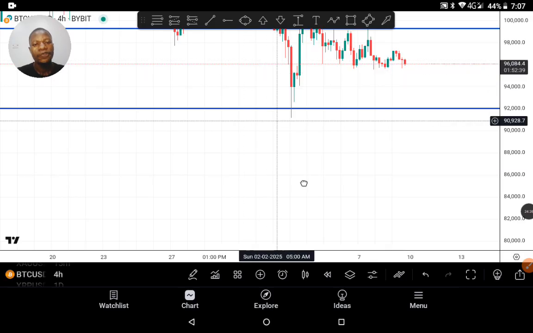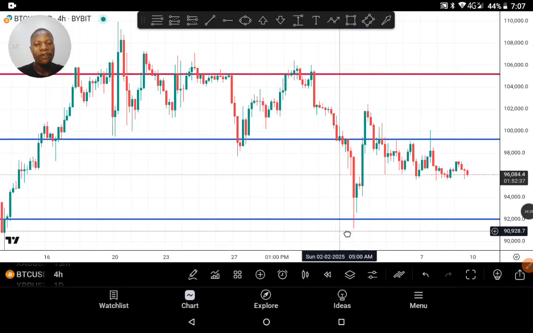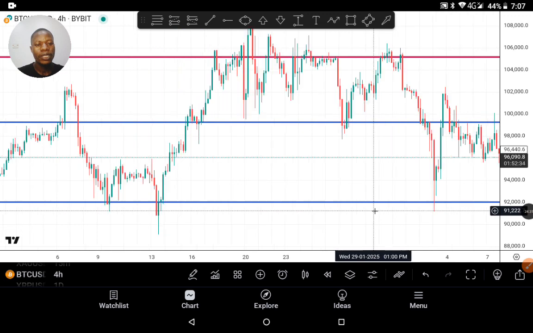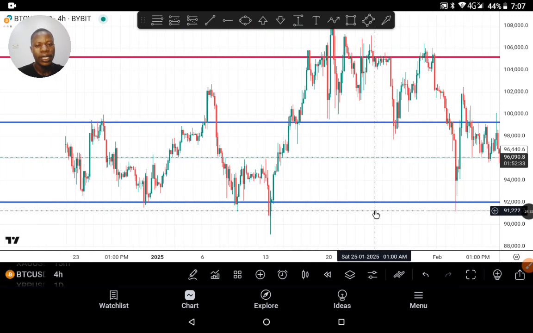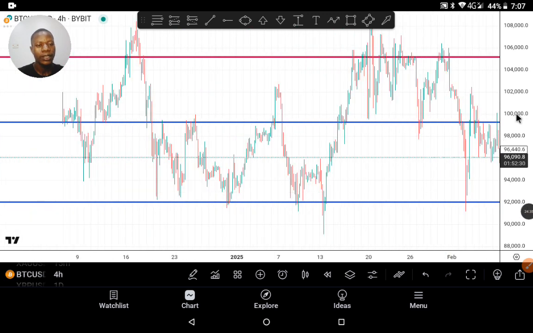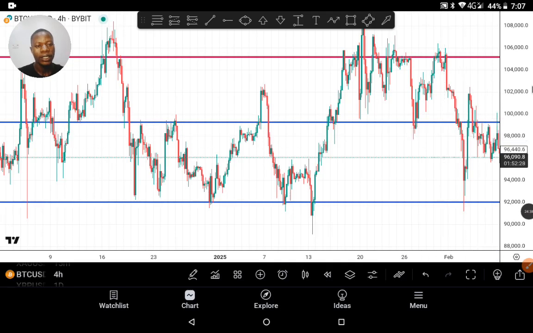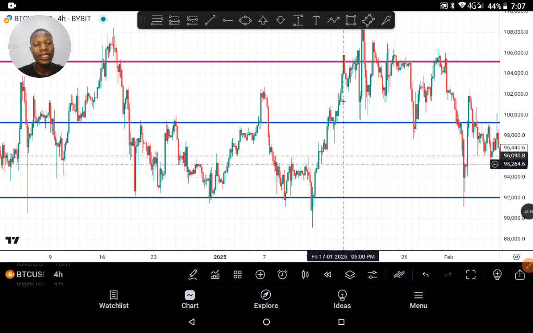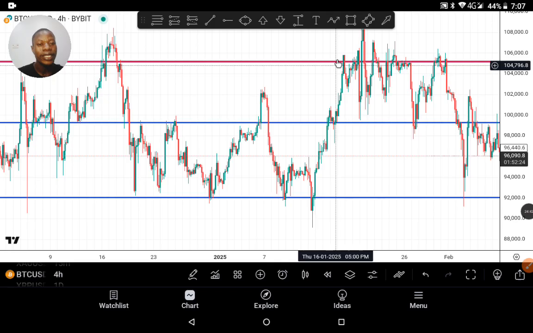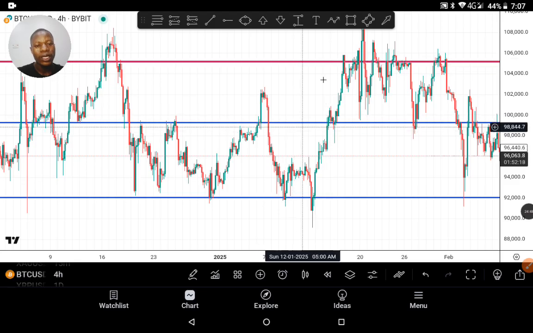So on 4 hours, if you zoom the market, so that you can see better, you see that the market has been playing around these zones that we marked right from the weekly time frame. This is the weekly, this is the daily, and the daily support.